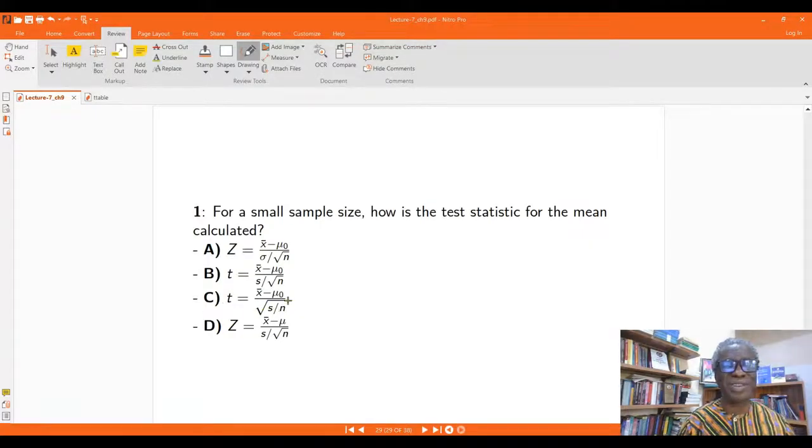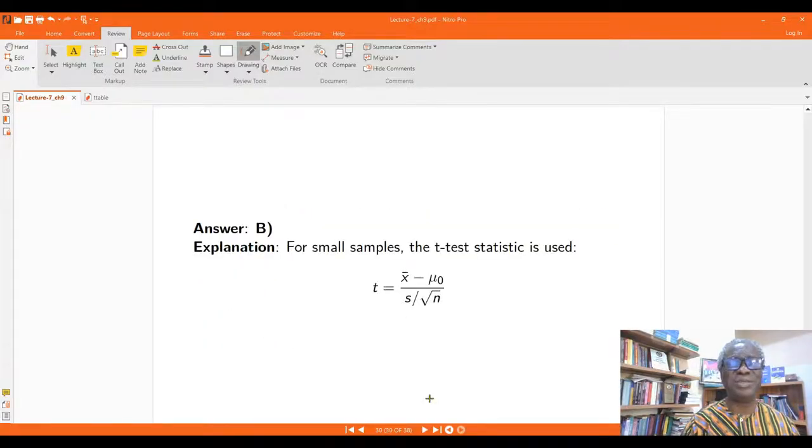So C may not be appropriate. For D, you have Z here and you have S here. So again, this may not be appropriate. So for small samples, the t test statistic is used, and this is the correct expression.